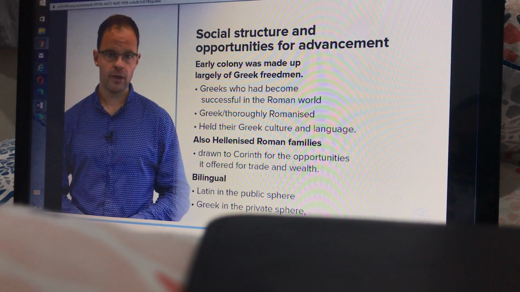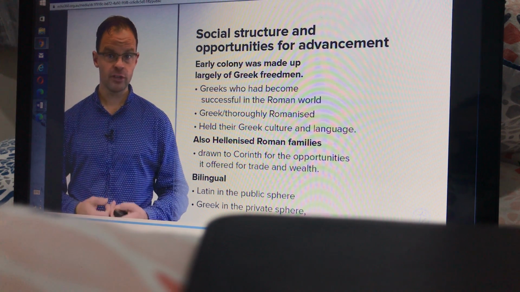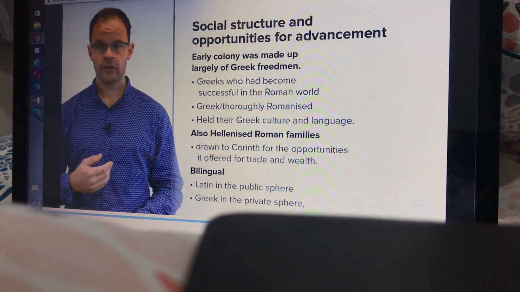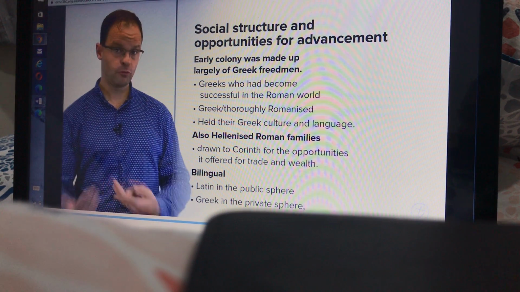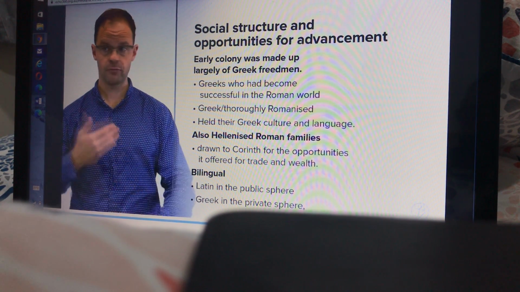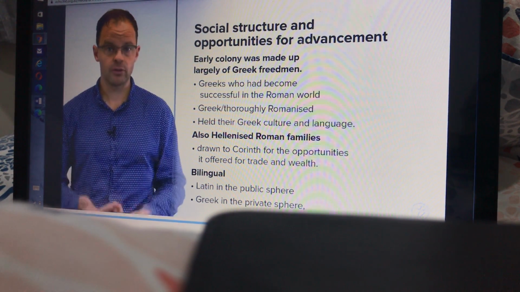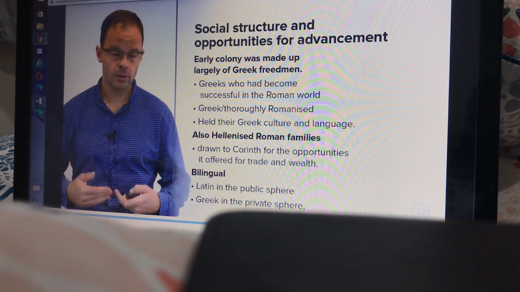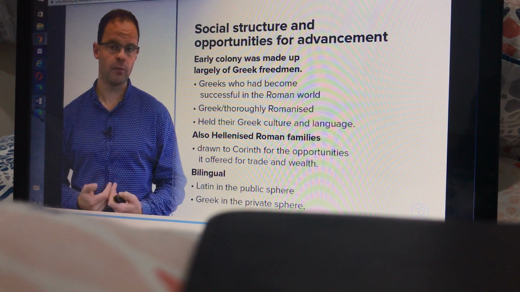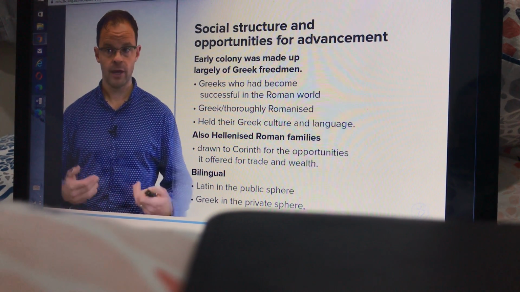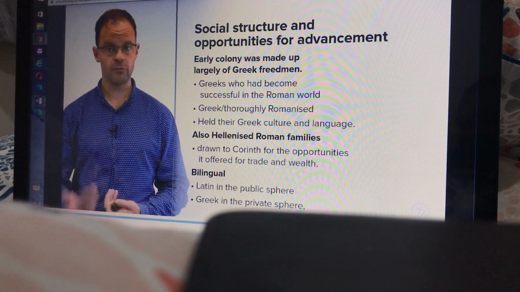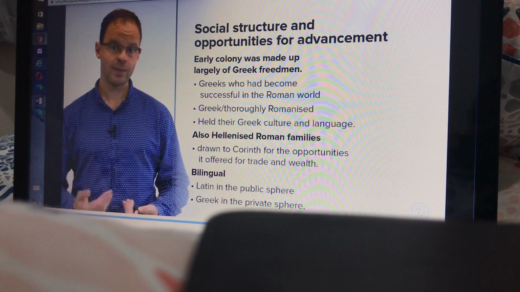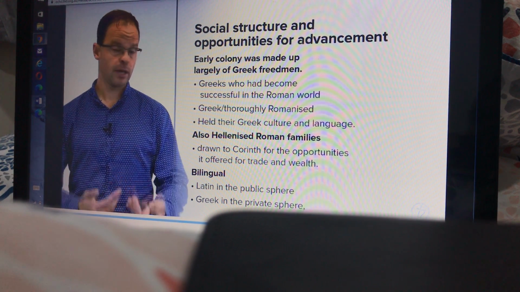Different types of people that you might find, so largely Greek freedmen. What I mean by a freedman is somebody who was formerly a slave who's now free, who's no longer a slave and is looking to establish for themselves a new life. A lot of the time, or some of the time, these slaves had learned some skills, developed for themselves some abilities, so that when they did get their freedom, they could become quite prosperous.